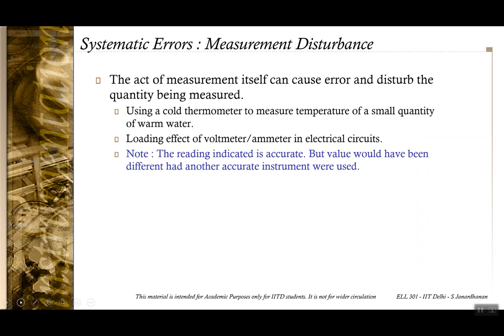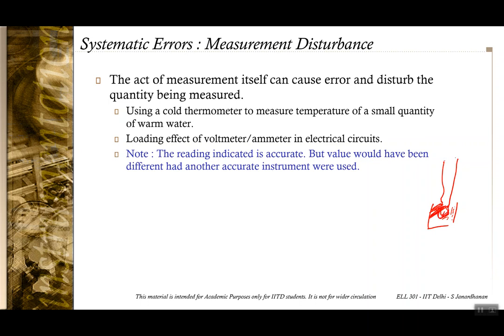The next category of systematic error is the measurement disturbance. Here, the act of measurement itself is going to cause an error. An example is if you try to measure the temperature of a small quantity of water with a thermometer with a large bulb.